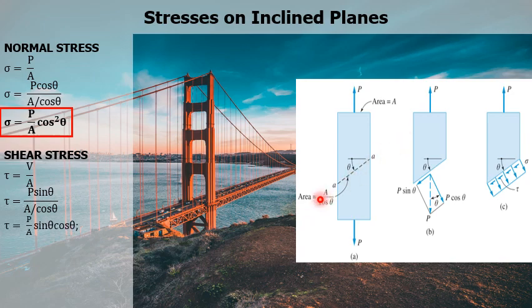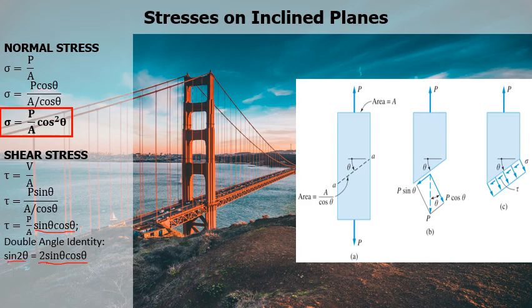Simplifying, we have tau is equal to P over A sine theta cosine theta. But we have a double angle identity, which is sine 2 theta is equal to 2 sine theta cosine theta. What do you observe? Sine theta cosine theta.